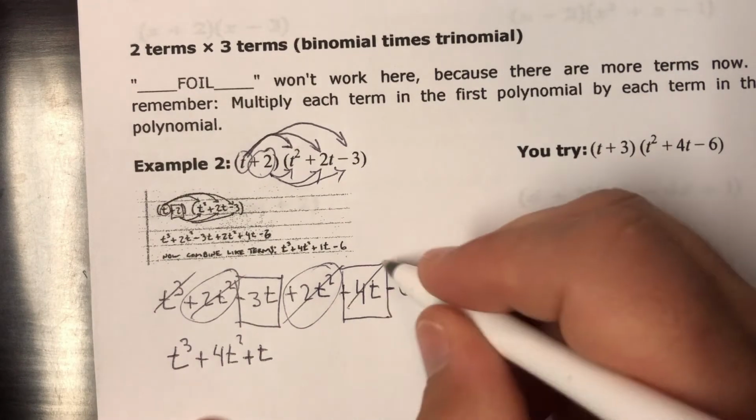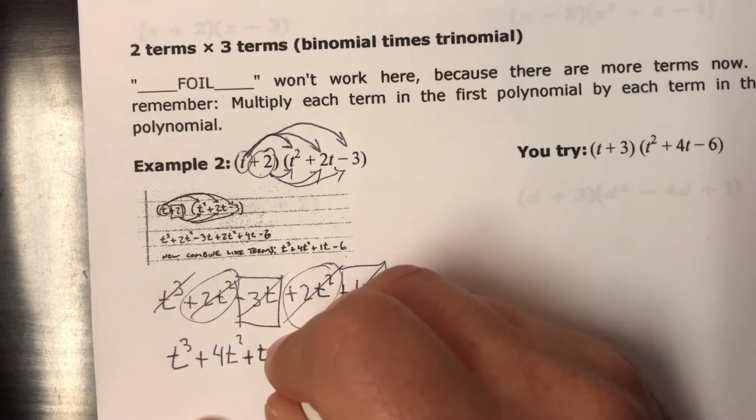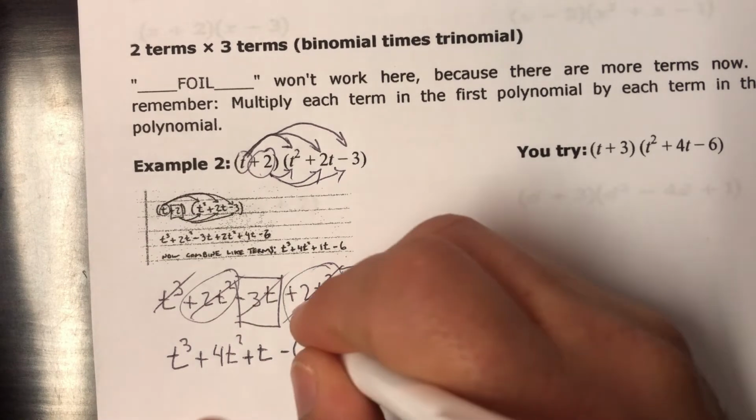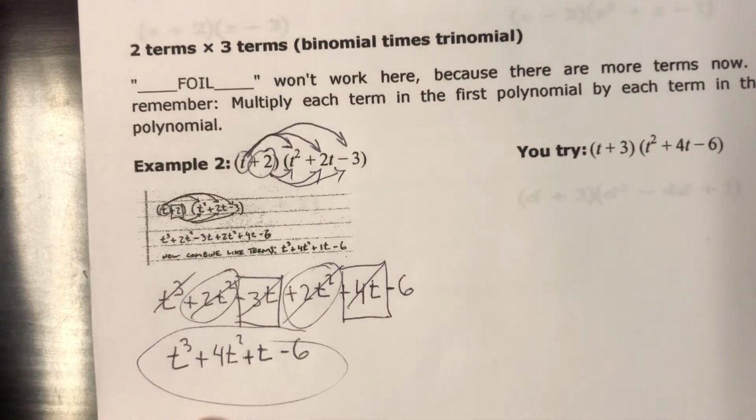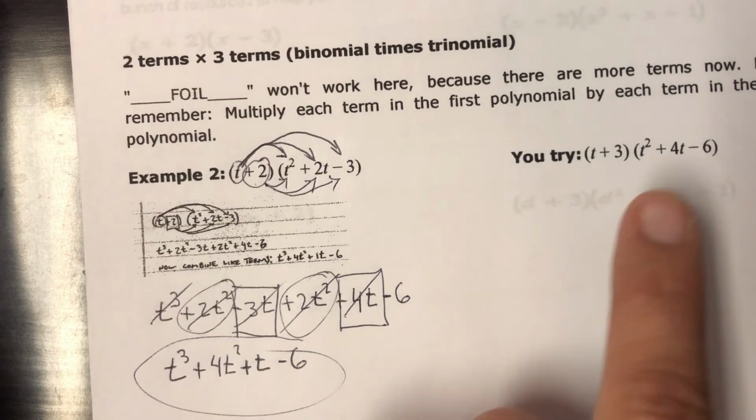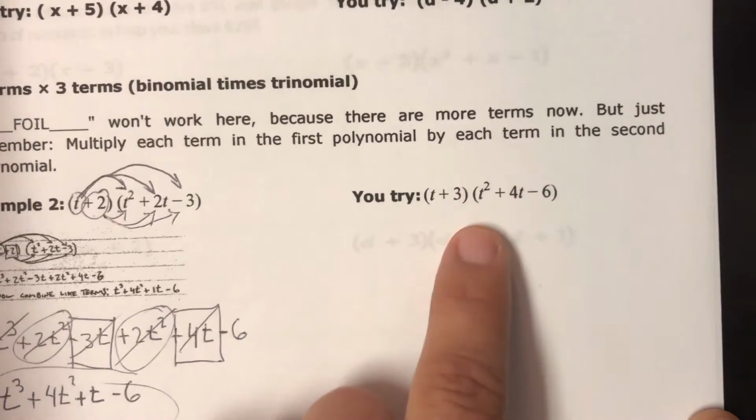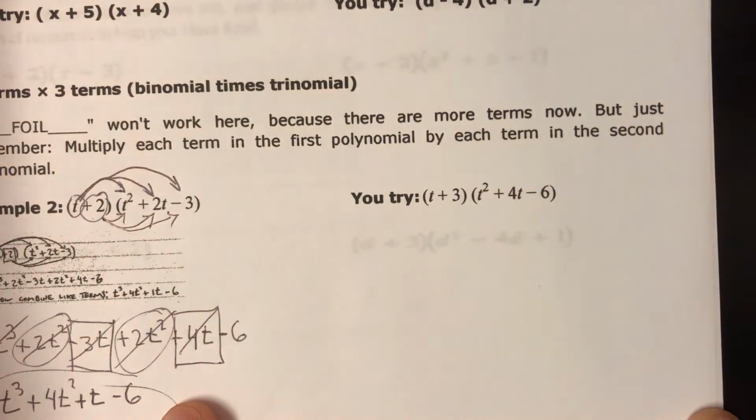And last but not least, you have that negative 6 by itself. Just write it down, negative 6. And that's your answer for example 2. Pause the video and try this one on your own, okay?